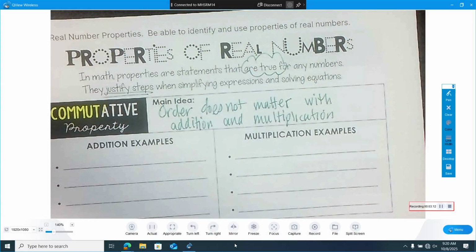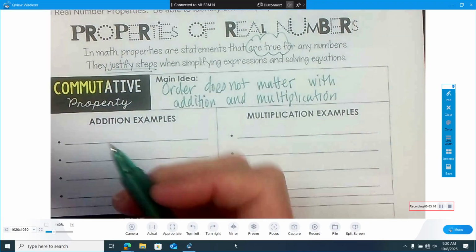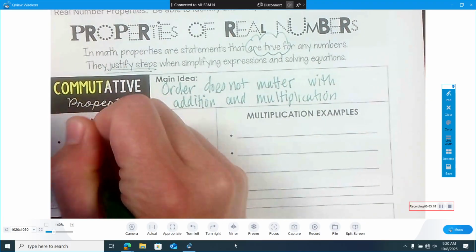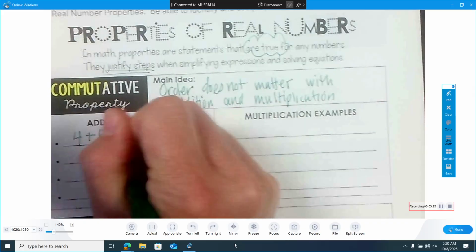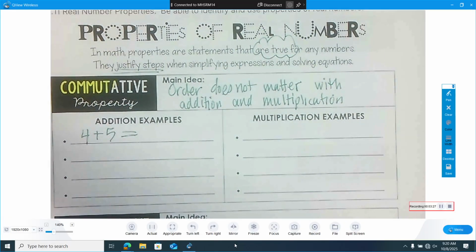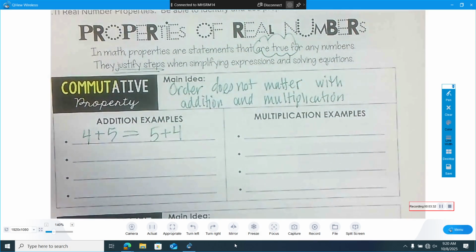So, for instance, the commutative property of addition says, hey, 4 plus 5 is the same as 5 plus 4. And you guys know that. You've been doing that since elementary school, right? Sometimes it's easier. Like 4 plus 10, it's a lot easier to add 10 plus 4, right? All right, but we get the same answer either way, okay?